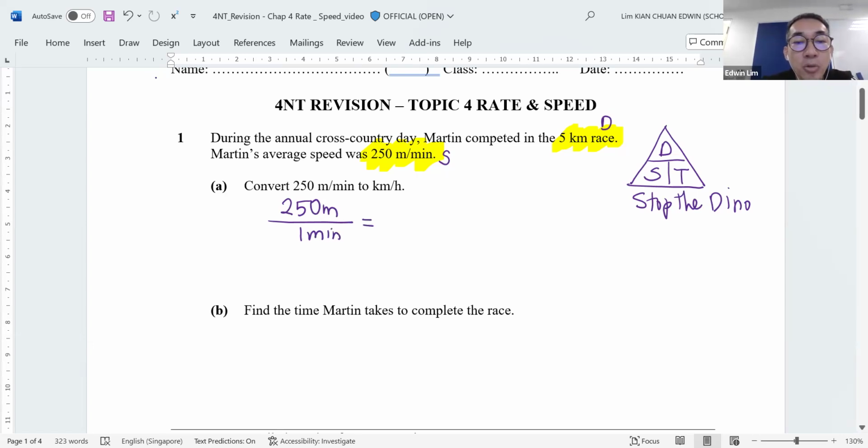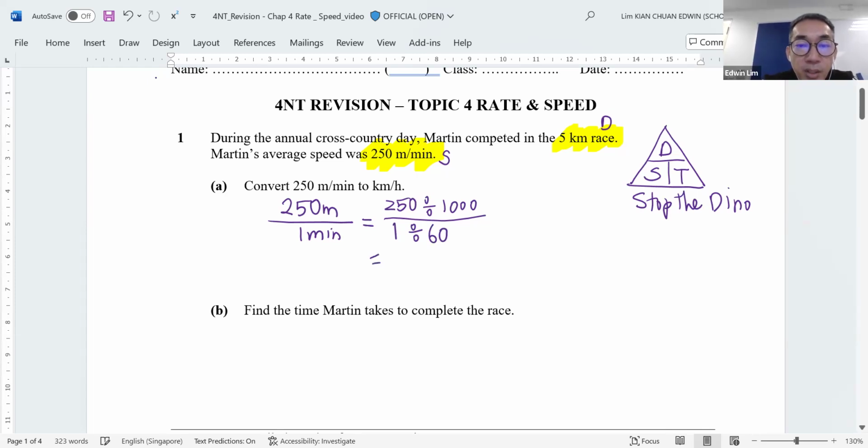How do I convert 250 meters to kilometers? I will have to divide by 1000. How about converting 1 minute to hour? It's actually 1 divided by 60.